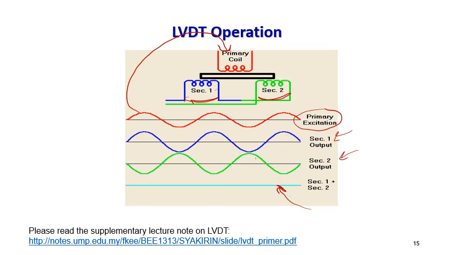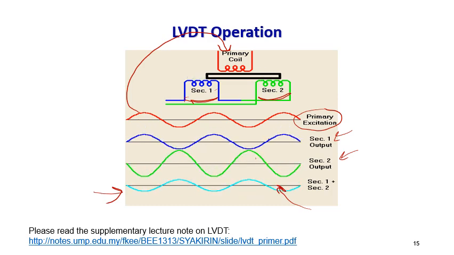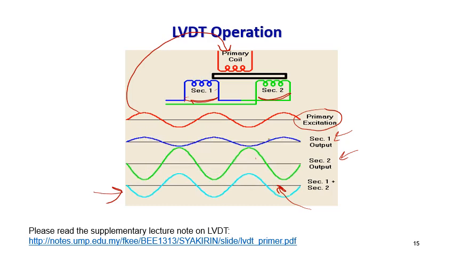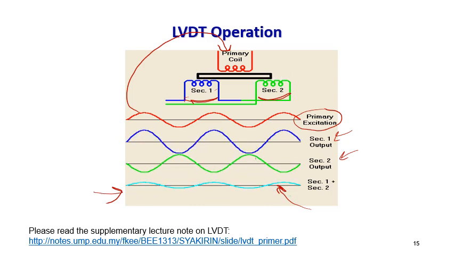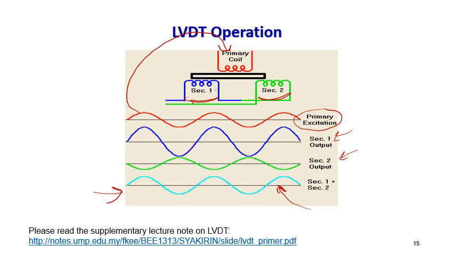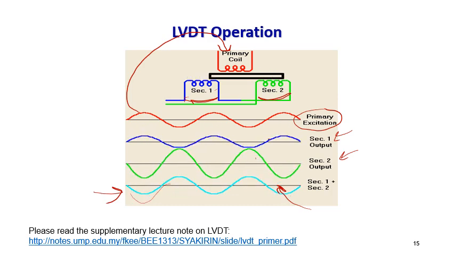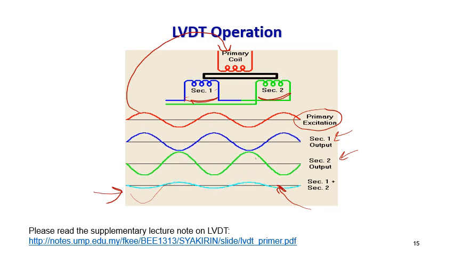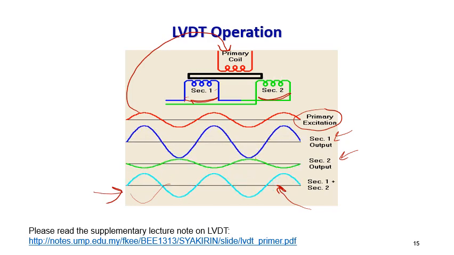So you will notice that at a certain position the output voltage will be 0, and when the displacement goes from left to right, it shows us which one has higher voltage. When the voltage of the blue is higher, the voltage on the output here will be positive, and when the voltage of the green is higher, the output will be negative.